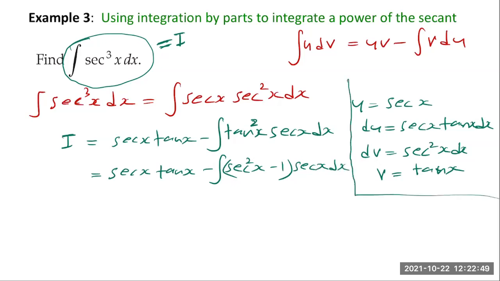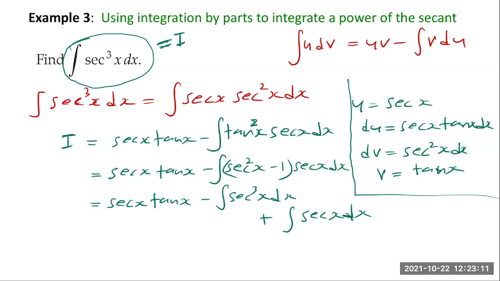I'll separate this out. Now something very interesting is happening here. If you simplify this, you get secant x tan x minus the integral of secant cube x dx plus the integral of secant x dx.